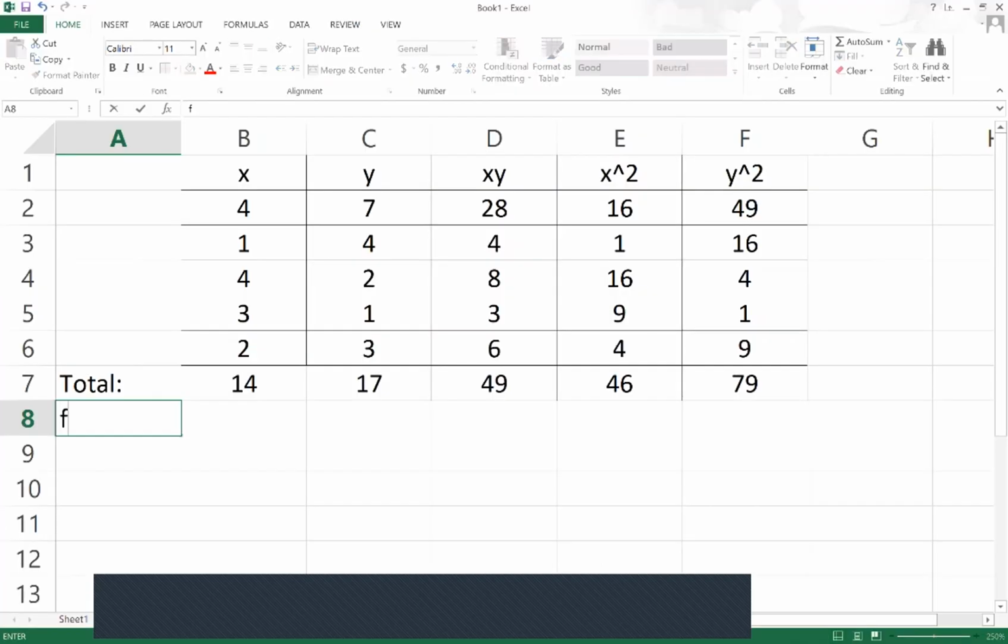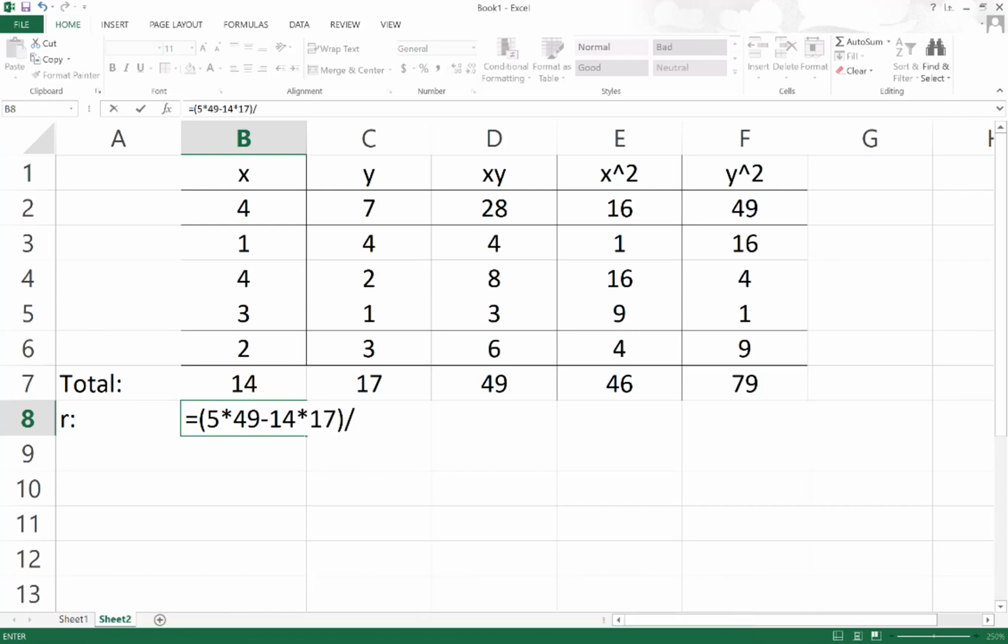So R equals n times summation of x, y. So sample size here is 1, 2, 3, 4, 5, right? So it's 5 numbers here. So that means sample size is 5 times summation of x, y, that's 49. Okay. I'm using exact number so you will not feel confused. And minus summation x is 14 times summation of y is 17.